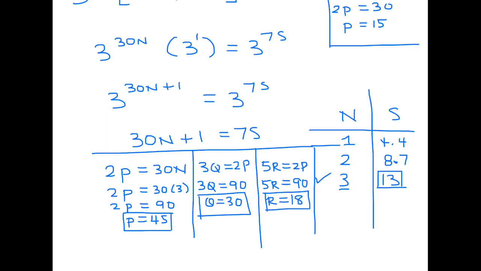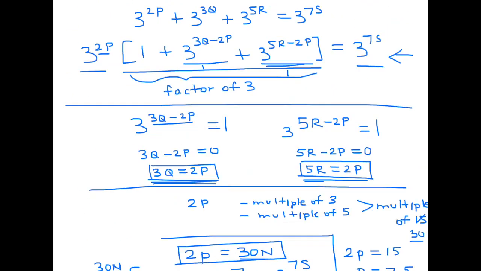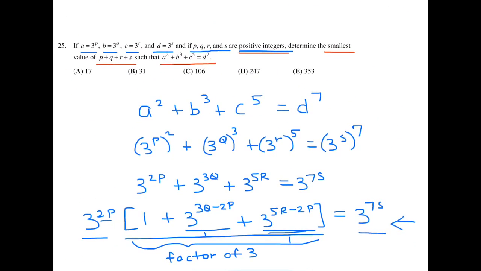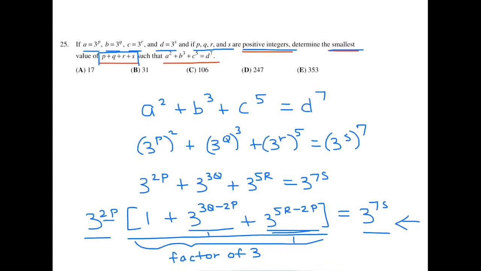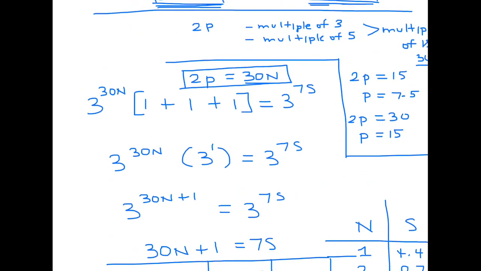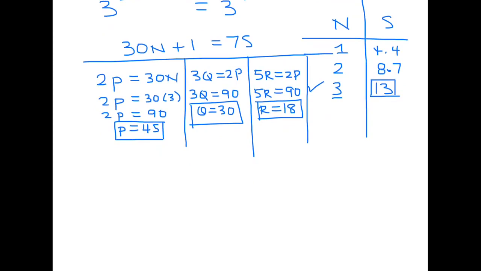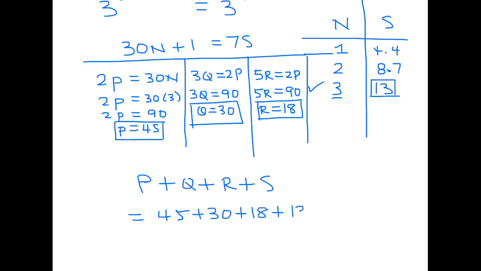All right, so what is the question asking us? What is the value of p plus q plus r plus s, the smallest value? So p plus q plus r plus s is 45 plus 30 plus 18 plus 13.